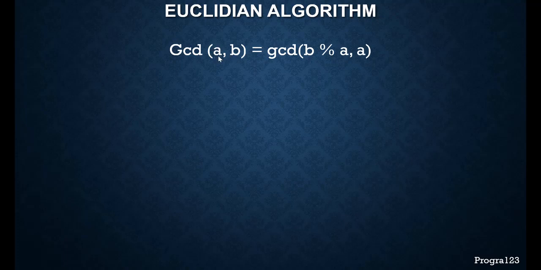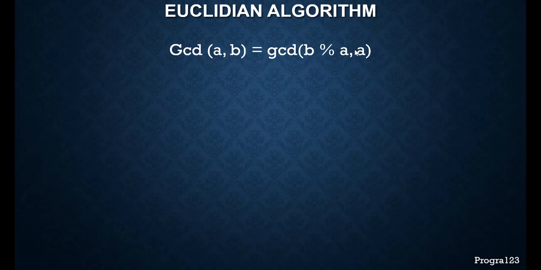Notice that if a is greater than b, then on the first round you are going to swap values. I mean, you are not explicitly going to swap values, but the code itself is going to swap these values. That is the one thing that it is going to do on the first step. And then it is going to go over and over recursively to compute the greatest common divisor of a and b.